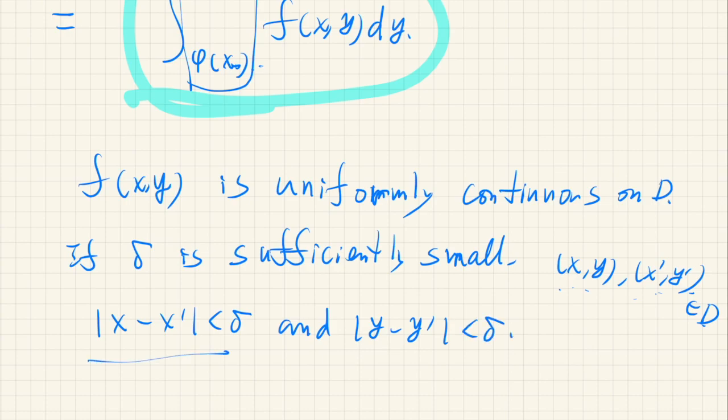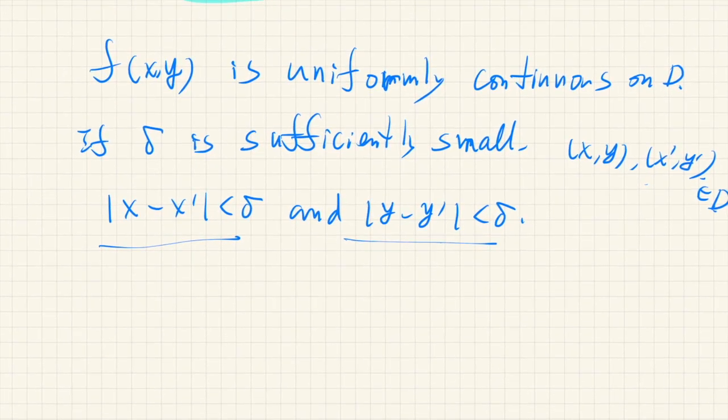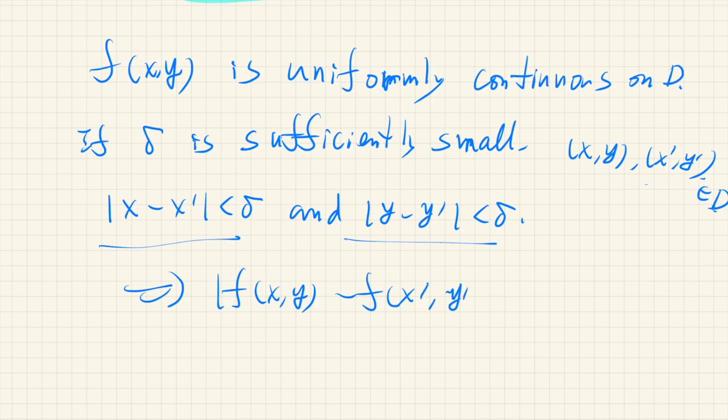So this and this together mean that the distance between these two points is small enough. Then this implies the difference between the functional values at these points is small enough. Okay. This can be arbitrarily small, say epsilon over 3 times (d minus c).